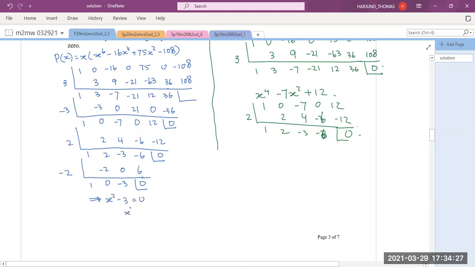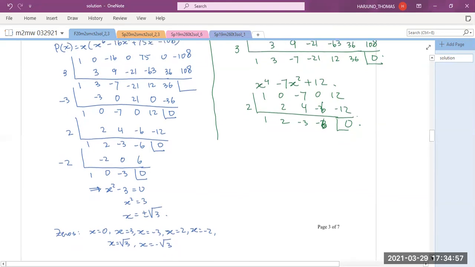So we get x squared equals 3, x equals plus minus square root of 3. So the zeros are x equals 0, don't forget that one, x equals 3, x equals negative 3, x equals 2, x equals negative 2, x equals square root of 3, x equals negative square root of 3, all with multiplicity 1.